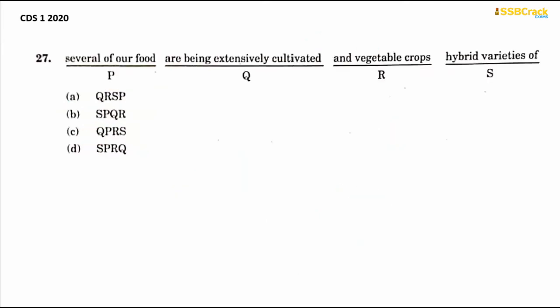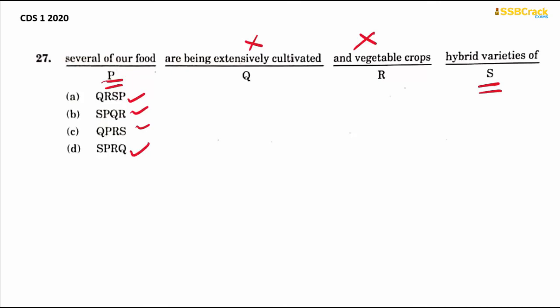Next, several of our food and vegetable crops, hybrid varieties of, are being extensively cultivated. These cannot be the start of the sentence. It should either be S or P. Okay. So let's take S. Why? Because now also you can see in the combinations, in none of the combinations is P there at the beginning of the sentence.